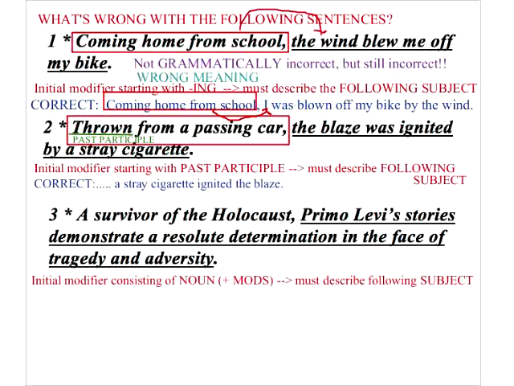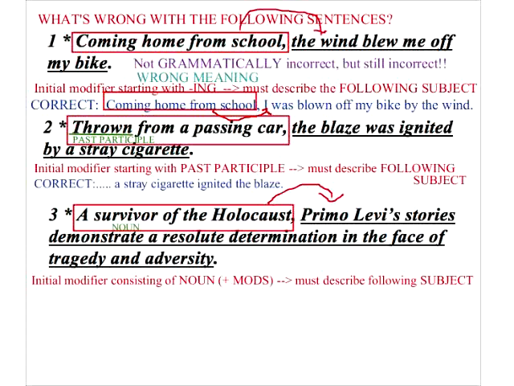So this is just a noun, "a survivor," and then "of the Holocaust" is a modifier. So this is basically just a noun. When you have a modifier like this, whether you like it or not, you have to be talking about the subject that's here. Now, the thing to notice about this is that some people think that "Primo Levi's" is good enough.